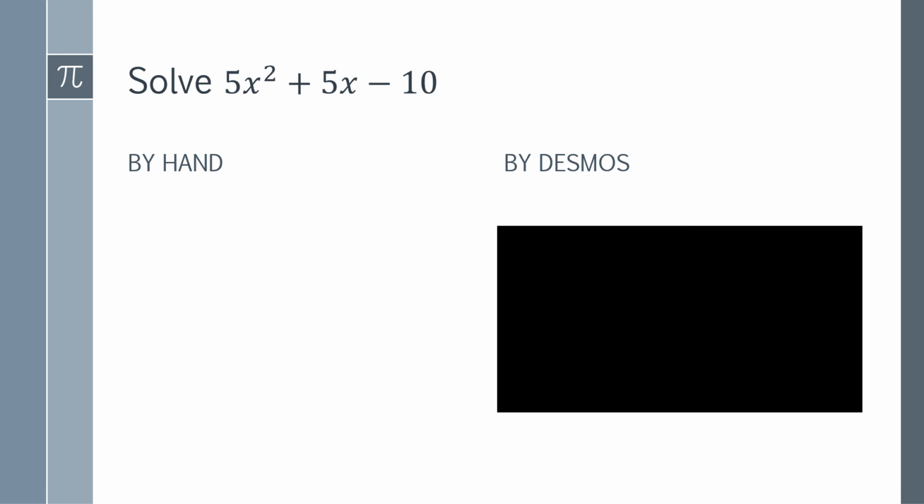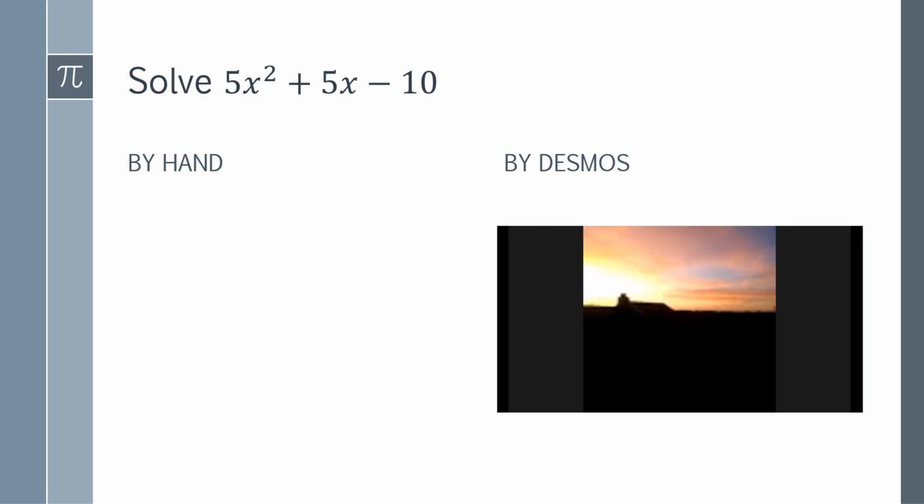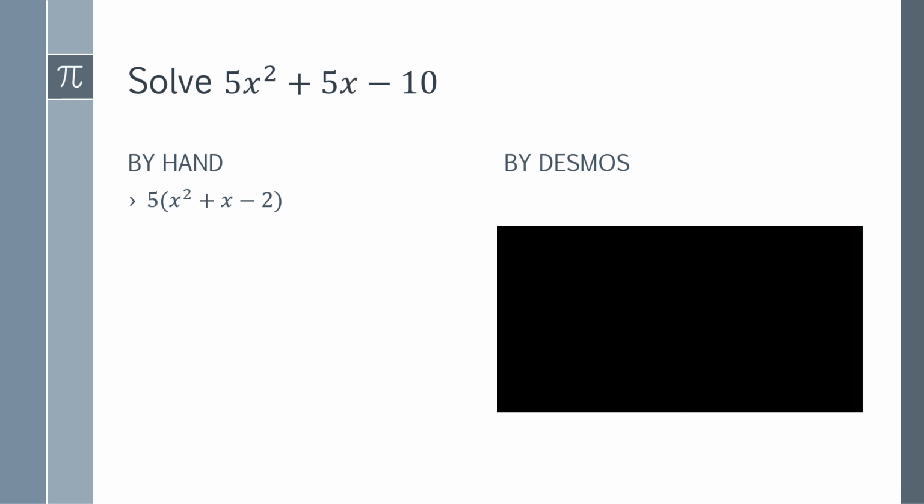Alright, guys. Now we're going to talk about solving this. We're going to solve it in two ways. So first, we're going to solve it by hand. So, of course, since I knew that this has a common factor of 5, I pull the 5 out.